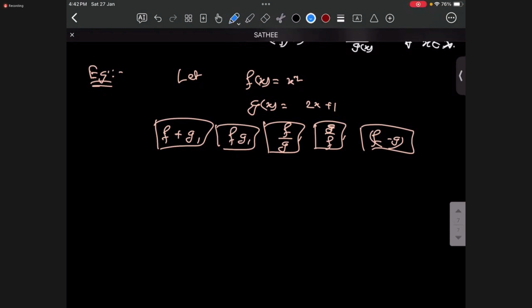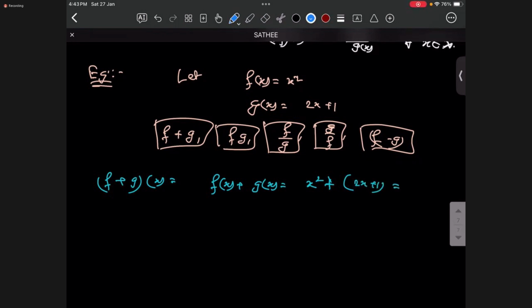What about f plus g? f plus g of x means f x plus g x. So what is our f x? This is x square. What is our g x? That is x plus 1.